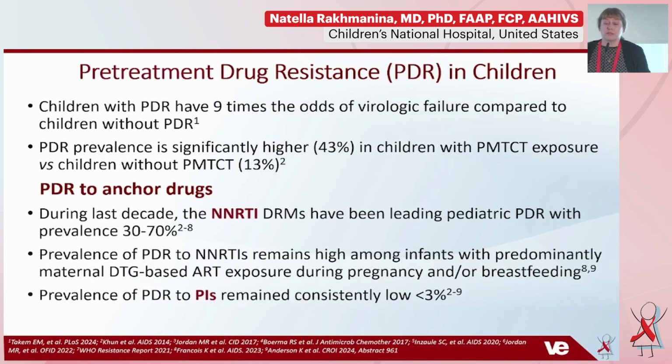Let's start with the pretreatment drug resistance, so PDR. We do know that PDR contributes significantly to virological failure in children, and we also know it is much more prevalent in children with PMTCT exposures. PDR to anchor drugs has been led by NNRTI in the last decade, with prevalence as high as 70%, and a couple of reports from South Africa and Haiti in the DTG era continue to show high rates of NNRTI PDR.